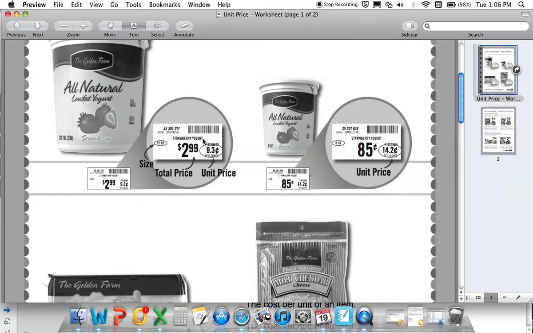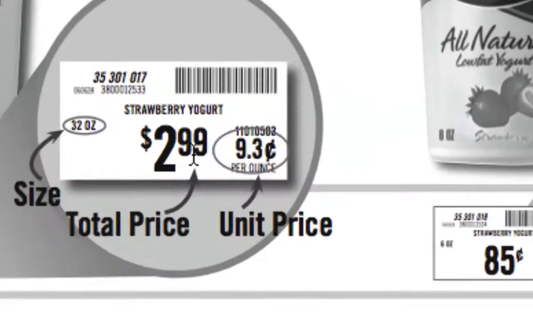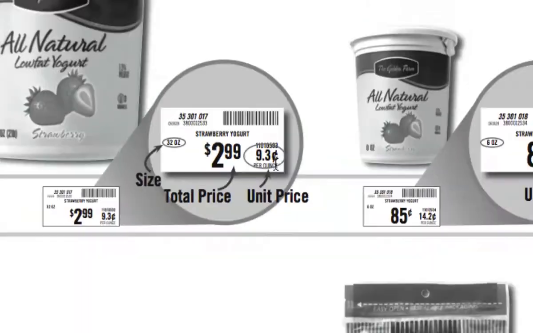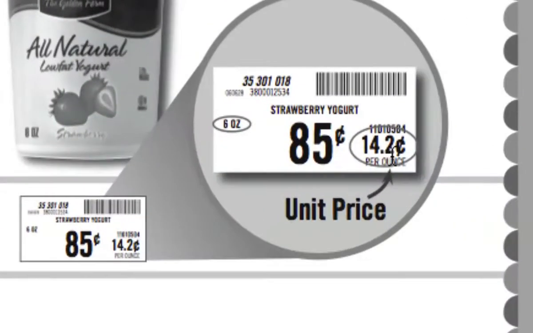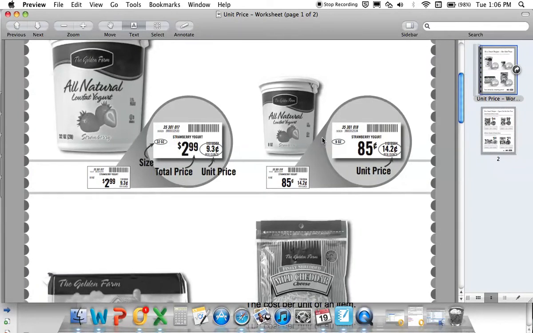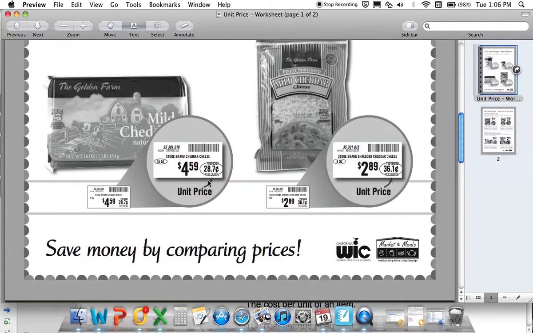Okay. So here's an example of what you're going to see. If you see 9.3 cents per ounce versus 14.2 cents per ounce. Notice this is a little bit smaller, right? So more than likely packaging is more expensive, okay? And over here you're comparing this cheddar versus this one. This one's already pre-shredded for you, which is why it's more expensive.